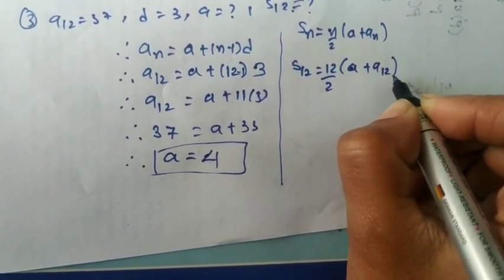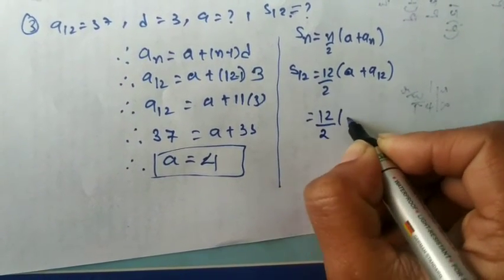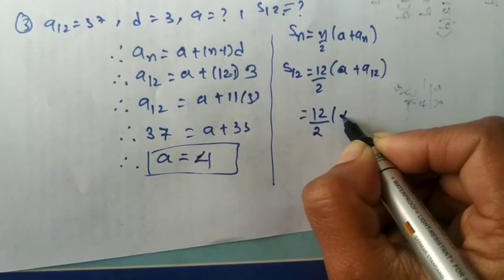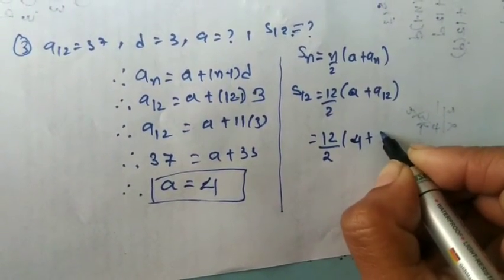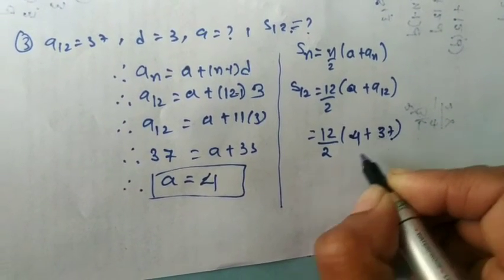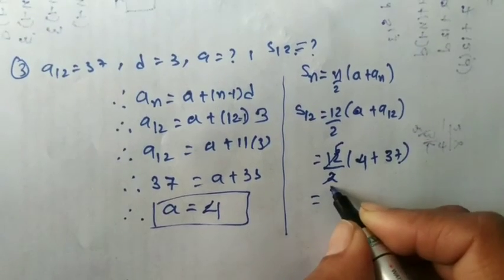For your information I am writing this step. So here we will write that it is 12 by 2, a is given 4 that we just found, plus that a12 that is given as 37. So here we will reduce, it is 6 so here 6 remains.